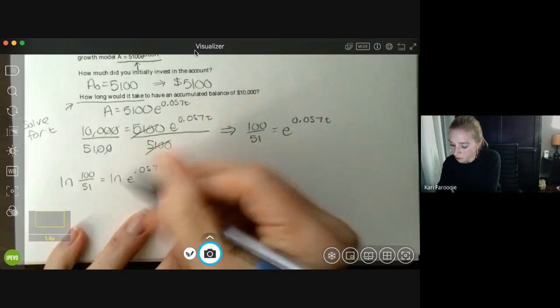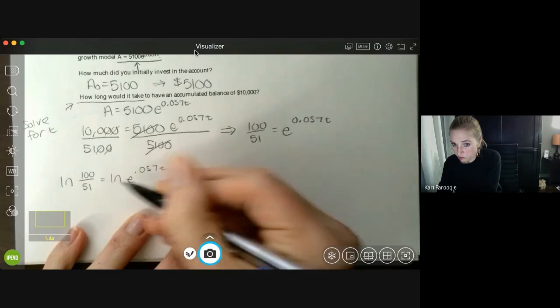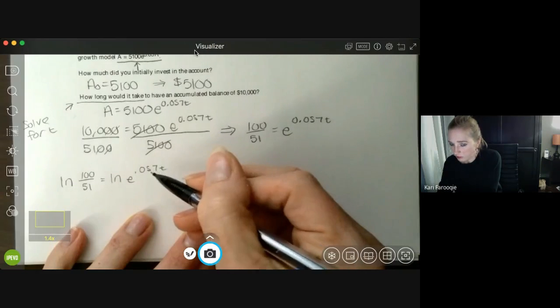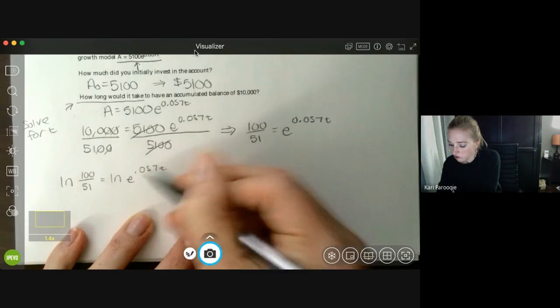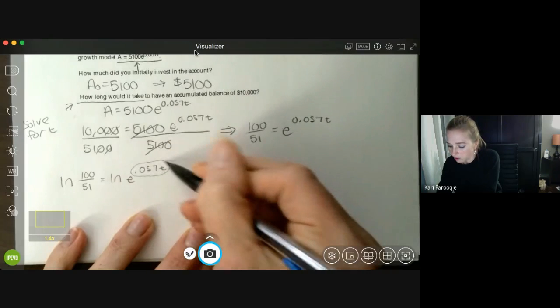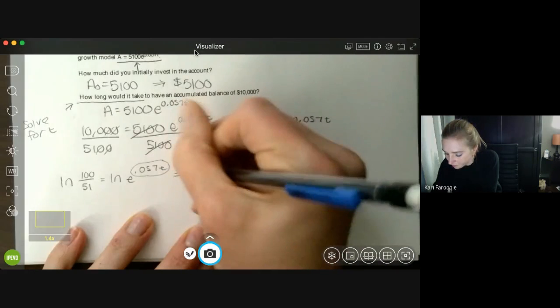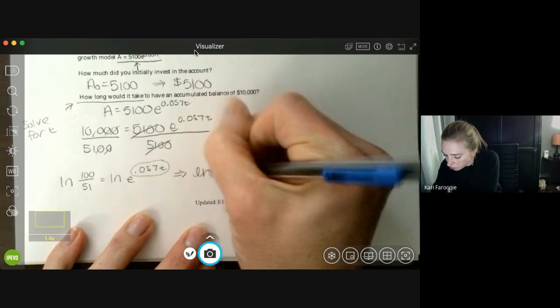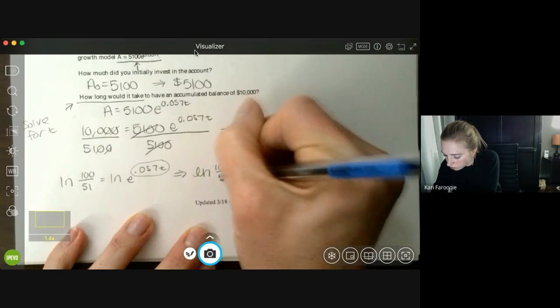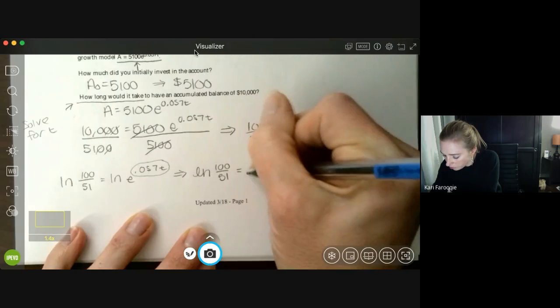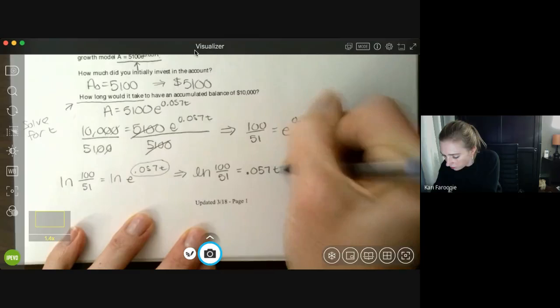And now we can simplify the right-hand side. Remember, the natural log of e to the x is just x. What that means is that I can just take the exponent out now. So we have the natural log of 100 over 51 equals 0.057t.